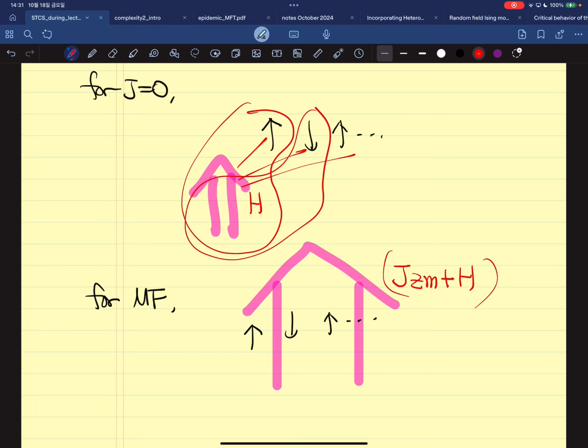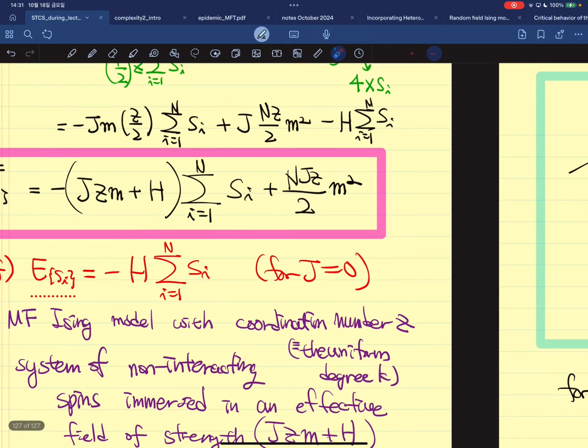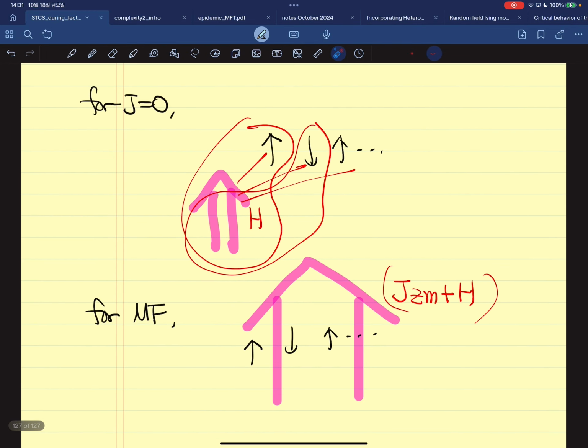And of course, in this way, we completely ignore the local fluctuation here. So mathematically it is equivalent, but physically speaking, this is replacing the given external field with this shifted external field.